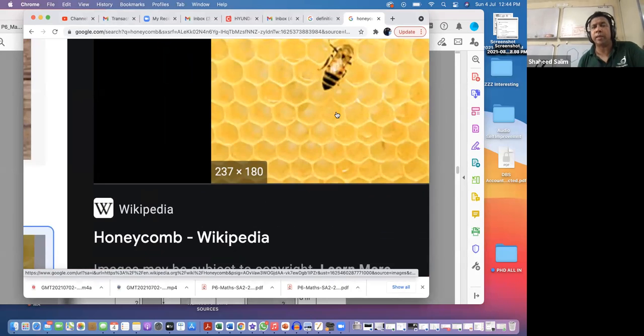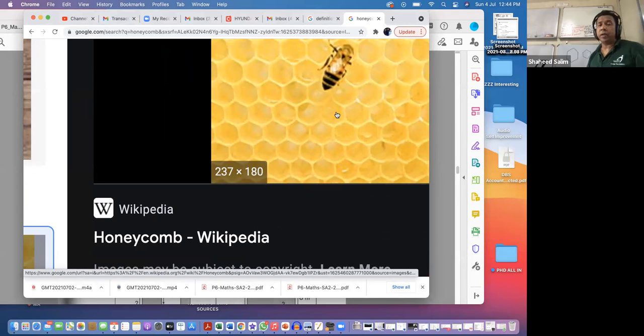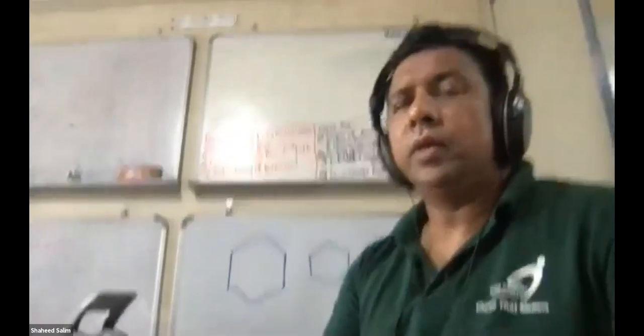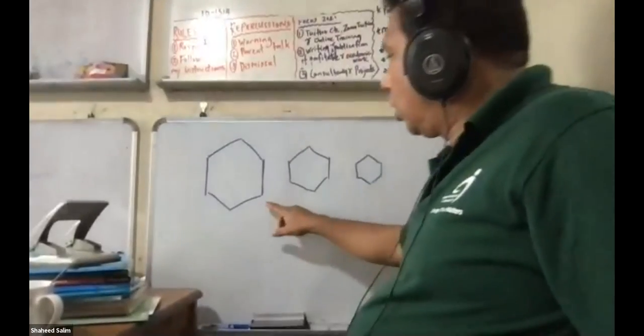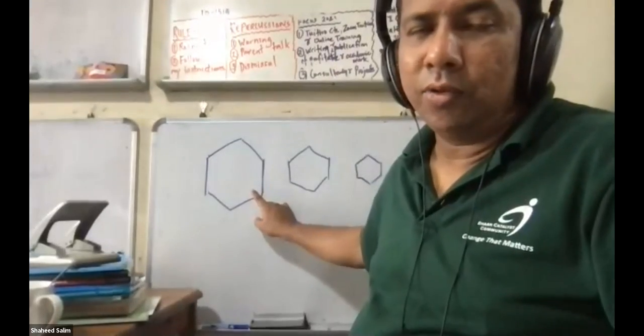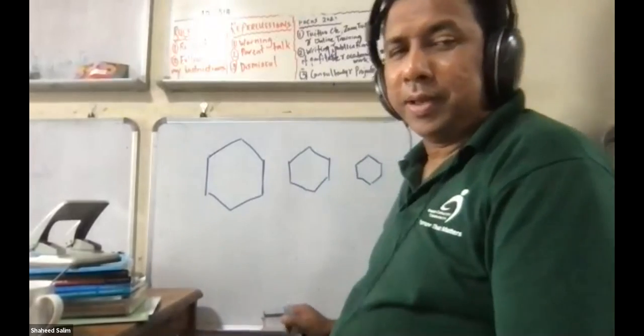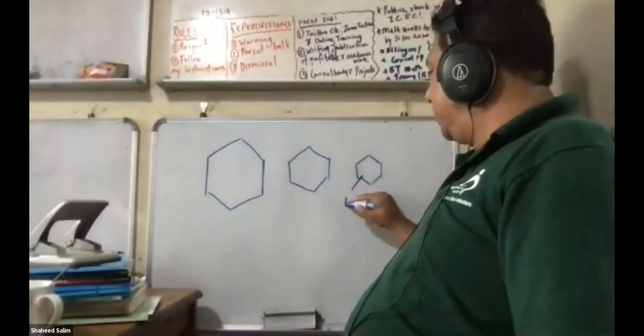I told you before, this is where they can lay eggs, store the pollen, and store the honey. So the queen bee will crawl over. If they find a very, very big cell, what will you do, Umaira? Okay, the smaller cell is for the male.